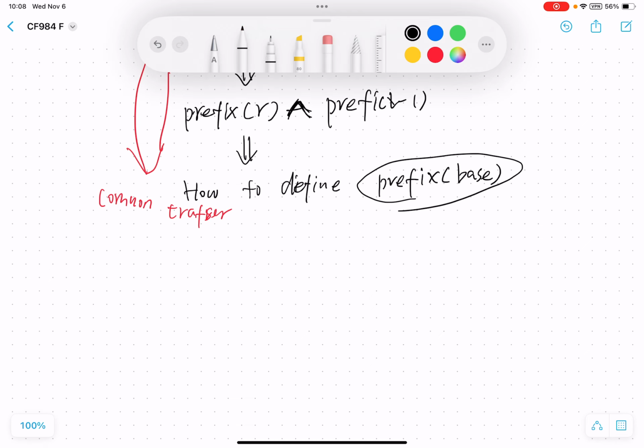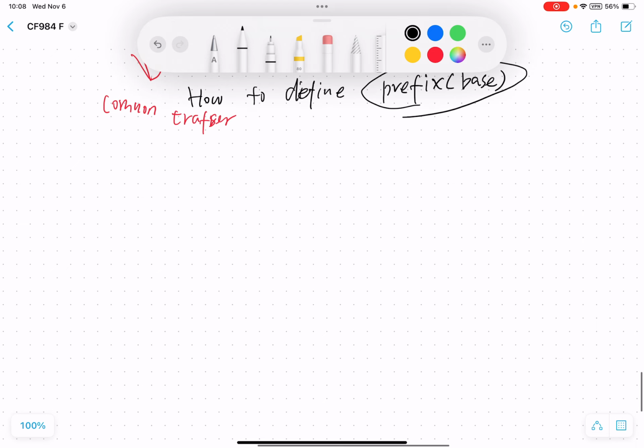Next part, let's talk about how to define the prefix base. We can take some examples for the prefix XOR. For example, with k being 0, 1, 2, 3, 4, 5, the prefix will be, for 1, it will be 1.